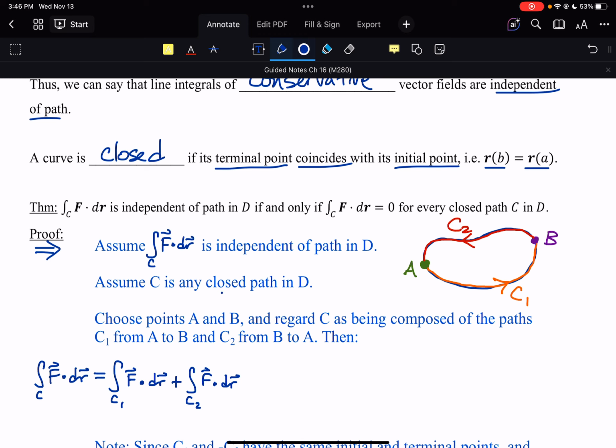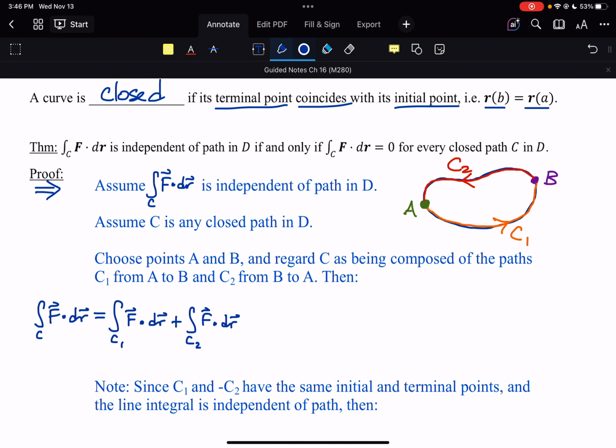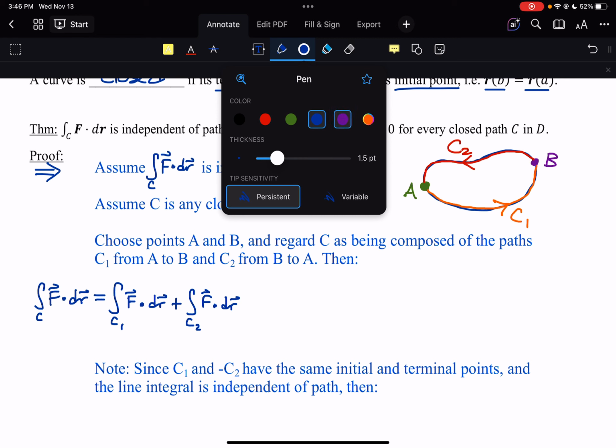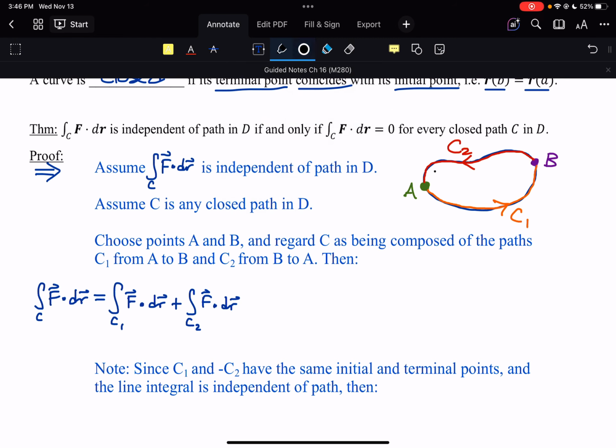Now, we've used the fact that C is a closed path. We have not used the fact that the line integral is independent of path. So I have a little note down here. Consider the opposite of C2, which would be the same curve but going the other direction: same curve, opposite orientation, if you will.